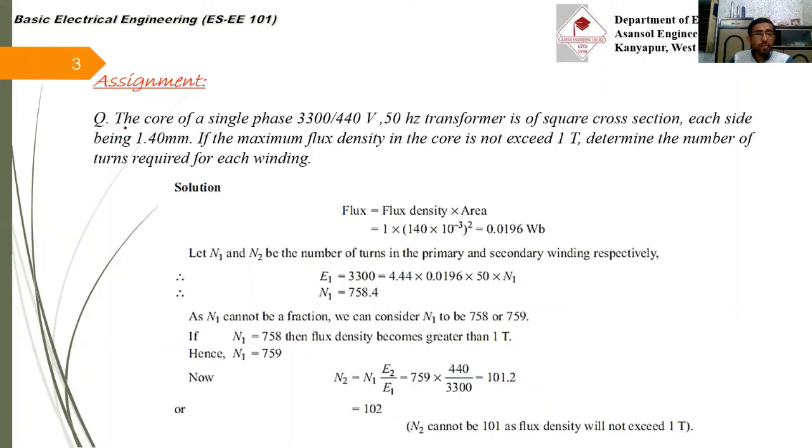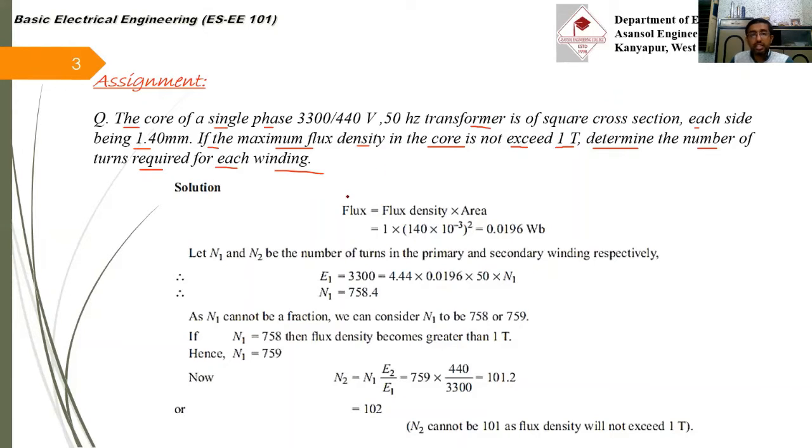The question was: the core of a single phase 3300/440 volt 50 hertz transformer is of square section, each side being 1.40 millimeter. If the maximum flux density of the core does not exceed 1 Tesla, determine the number of turns required for each winding.